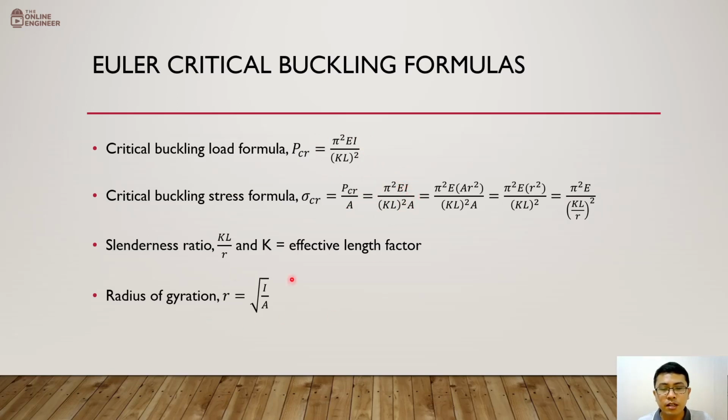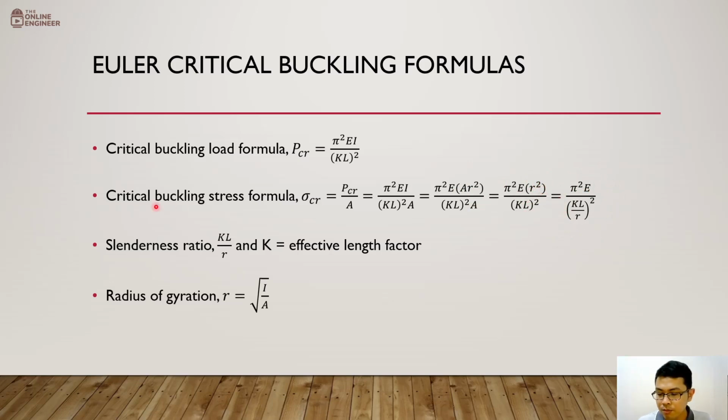The radius of gyration is actually square root of I over A. Or, if you rearrange this term, you can express I in terms of A and r, so that it will now be pi squared E, this I here becomes A r squared, all over KL squared times A. The area will cancel out, present in the numerator and denominator, and we are left with this form of our formula. And we can place this radius of gyration here in the numerator down there in the denominator, and we will arrive at this form of our formula.